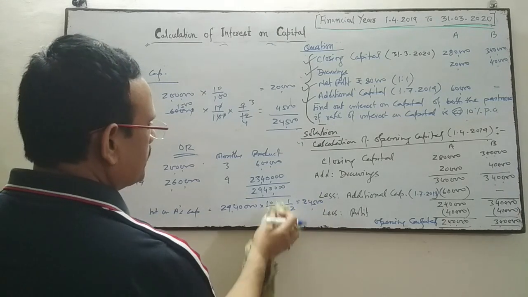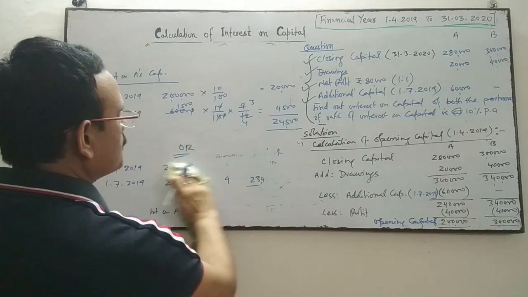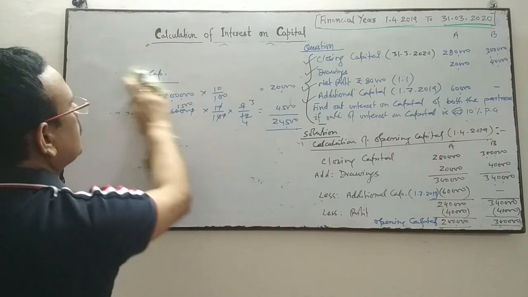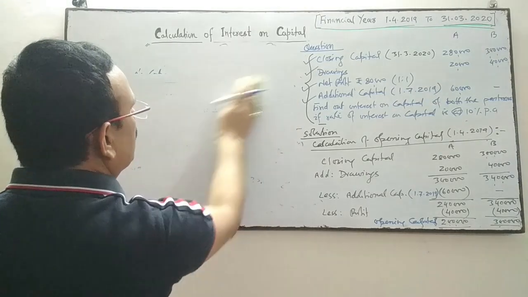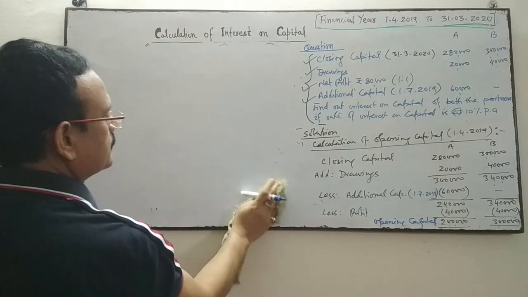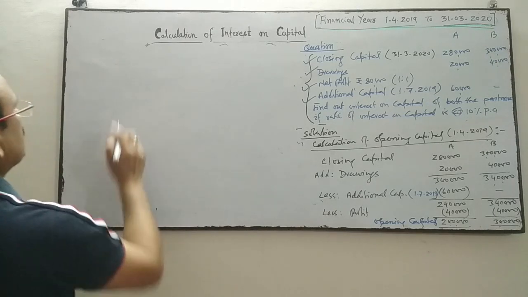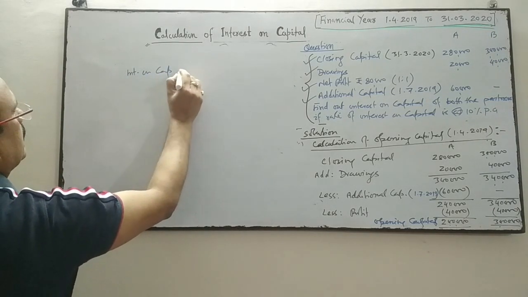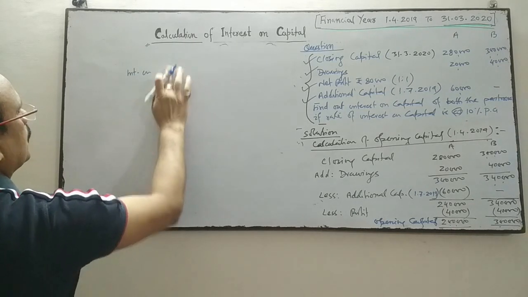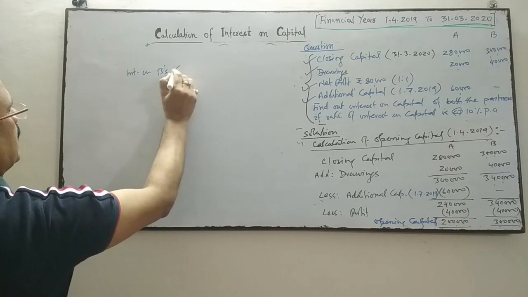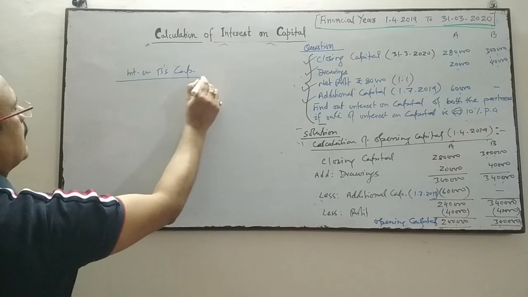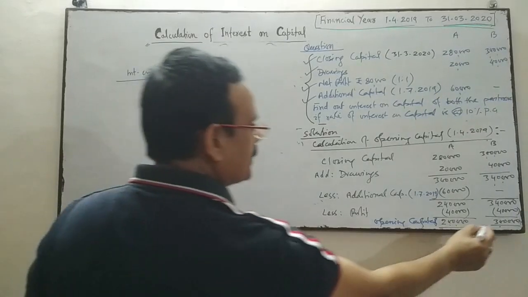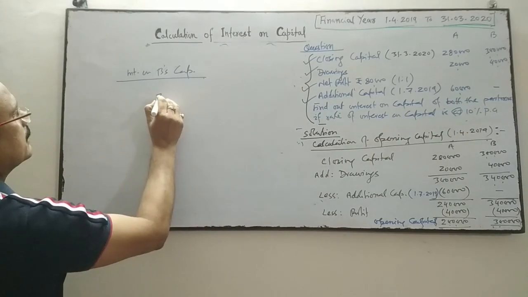Now come to the calculation of interest on B's capital. So closing capital of B is 3 lakhs.